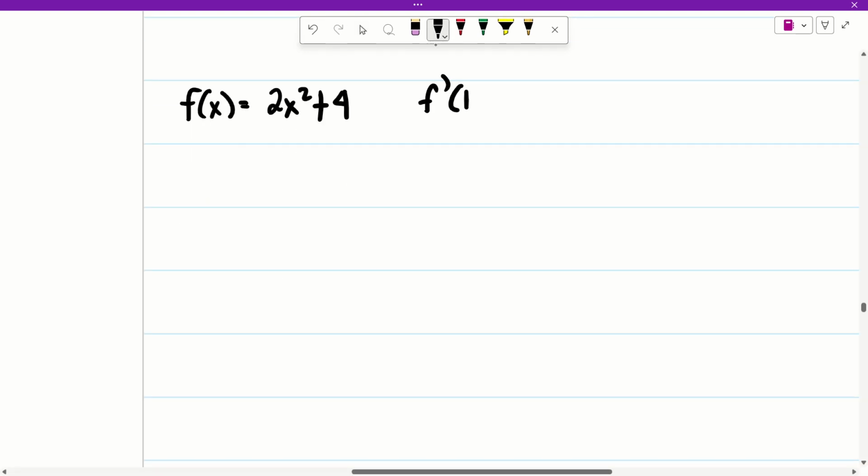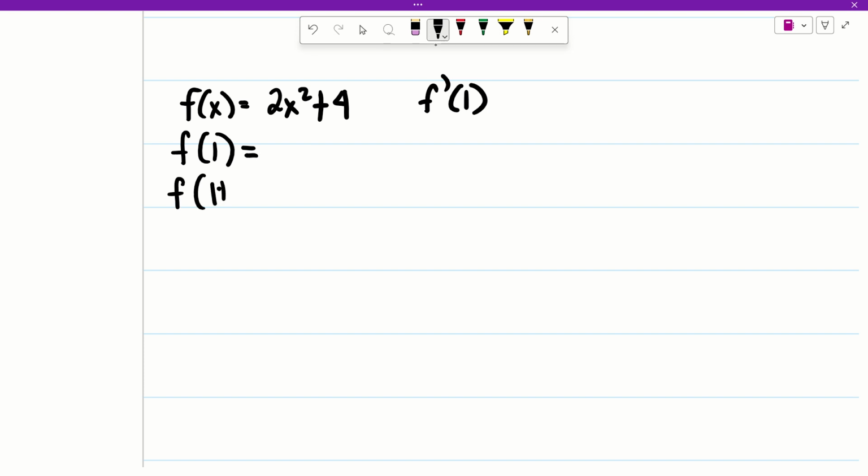First we want f of 1 and also f of 1 plus h. We are using 1 because our given is 1.